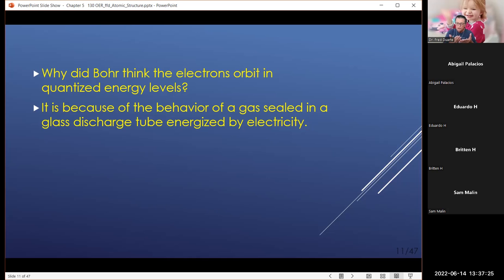You're putting energy into the system. What happens? The molecules of gas in the tube get excited, right? They go up to the next excited level where they're not going to hang out very long. They drop back down to the ground state, and in doing that, they emit the energy they absorbed as light.